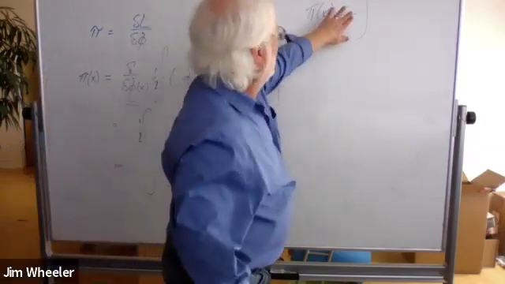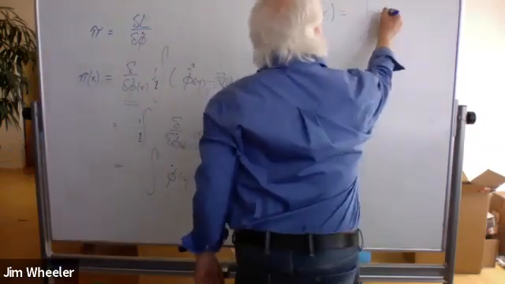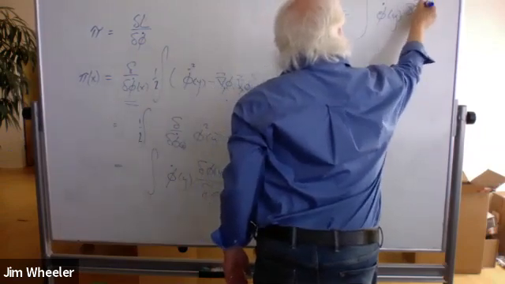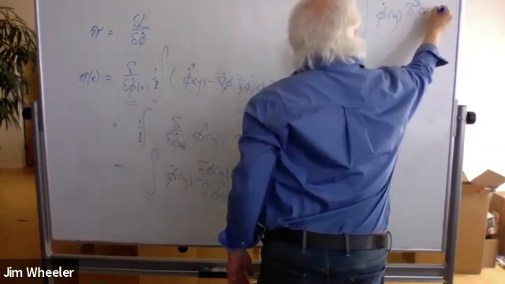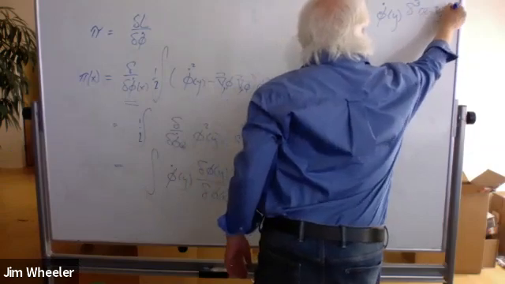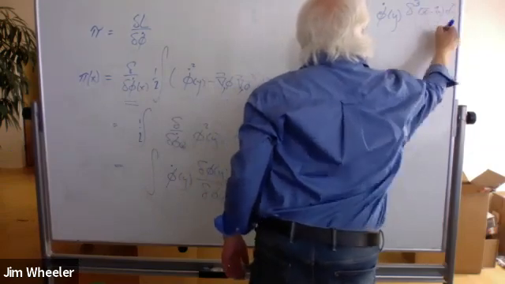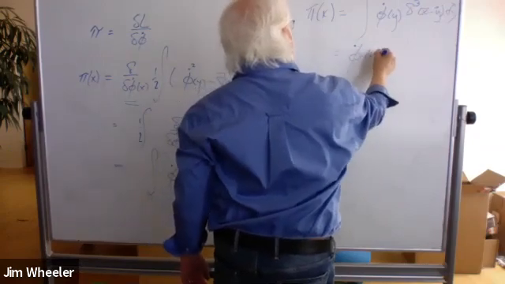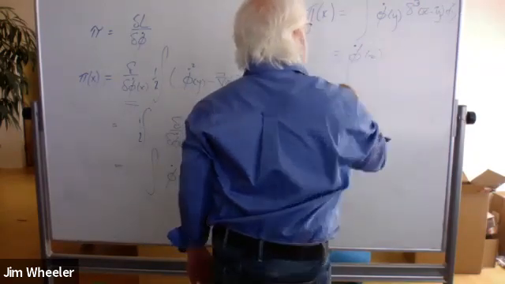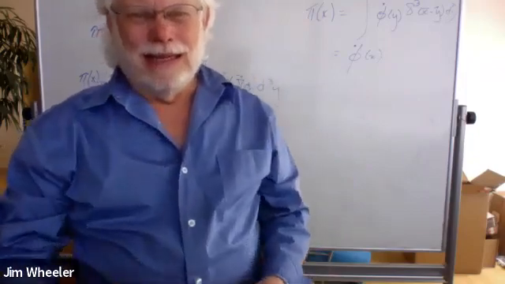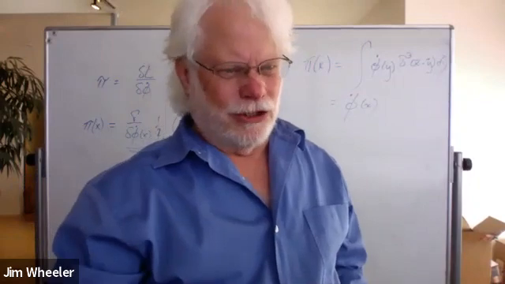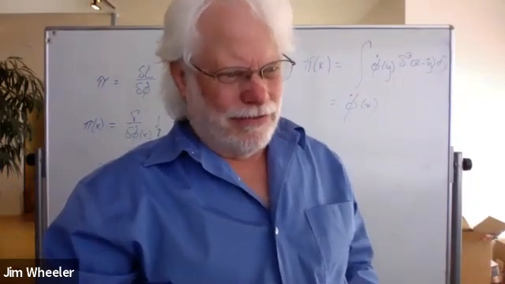So pi will be positive. That's nicer. So we have a phi dot of y, and then this becomes delta 3 of x minus y, d3y. We integrate it and we get phi dot of x. And we're pretty happy with that. That just seems like what the conjugate momentum should look like, the time derivative of phi.